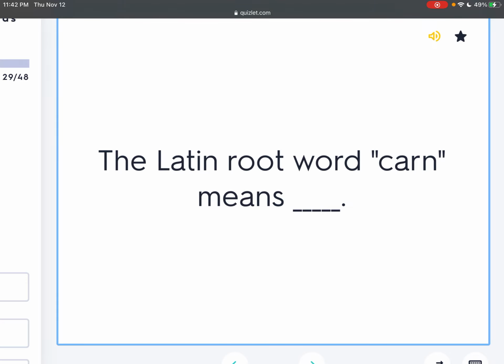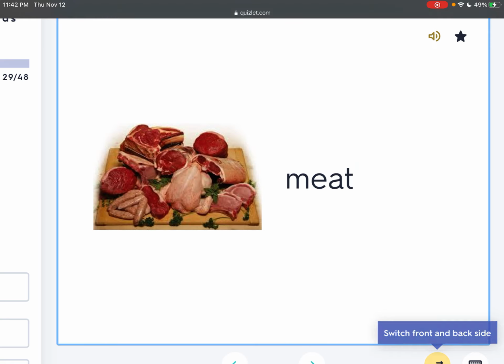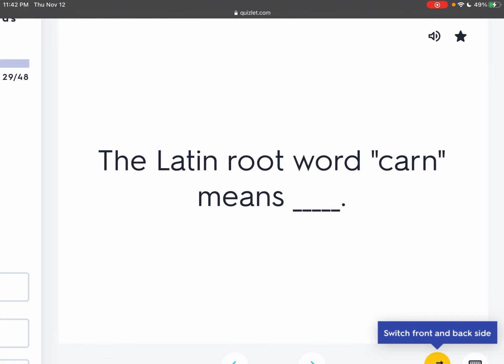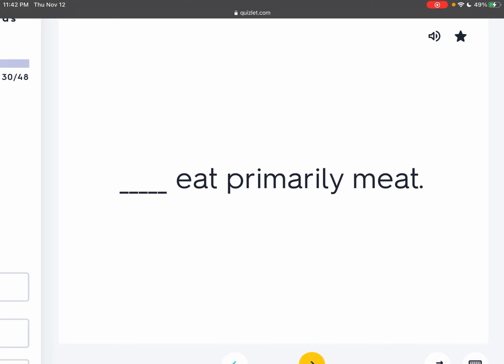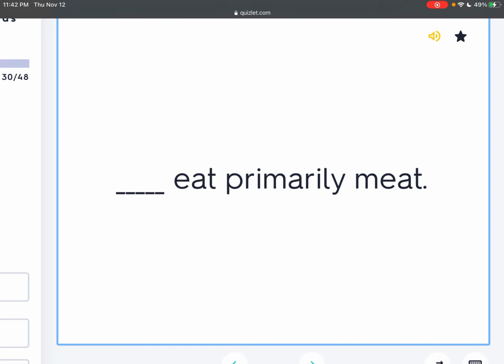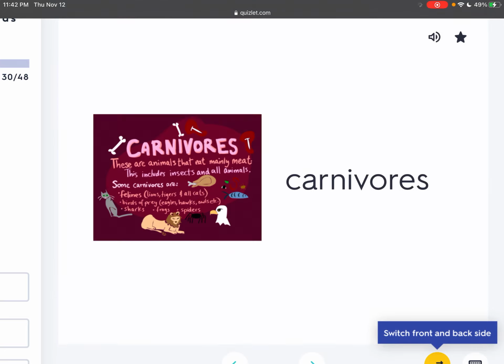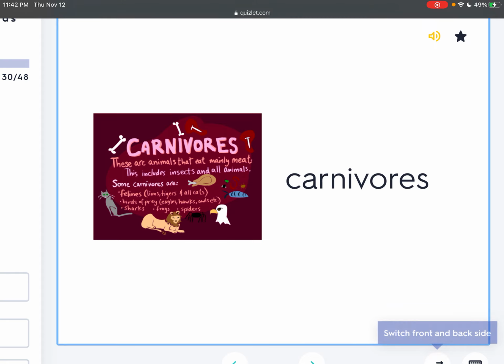The Latin root word carn means blank. Meat. Blank eat primarily meat. Carnivores.